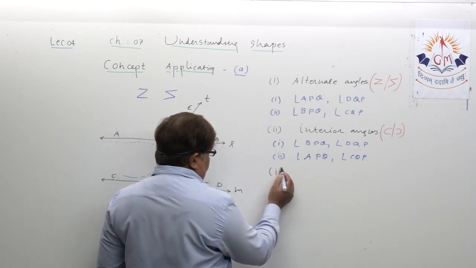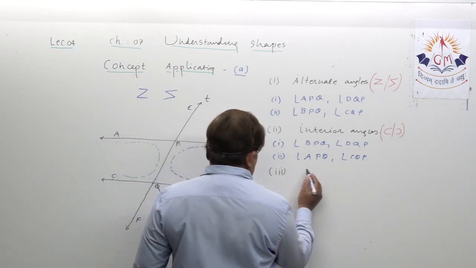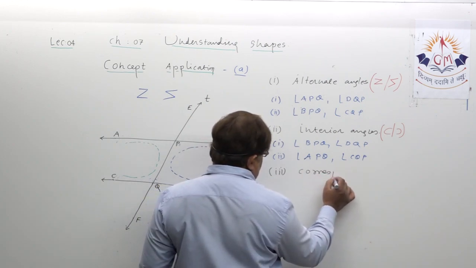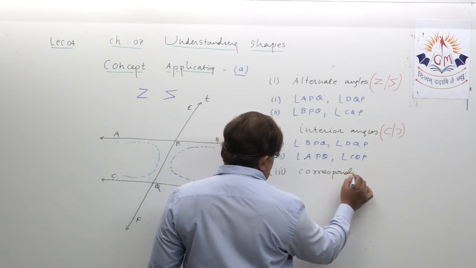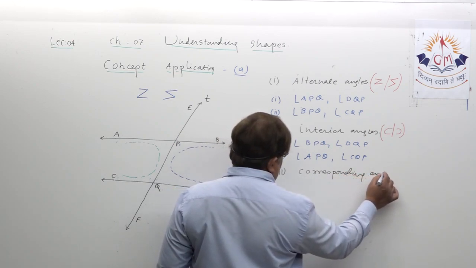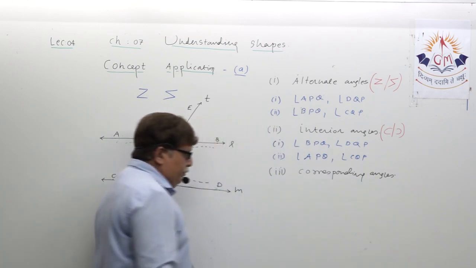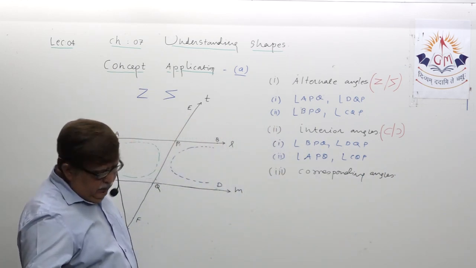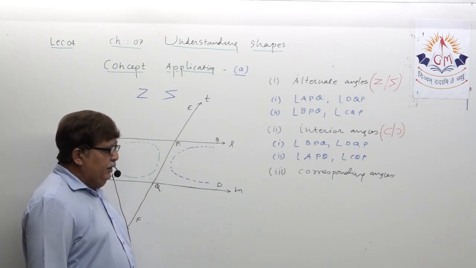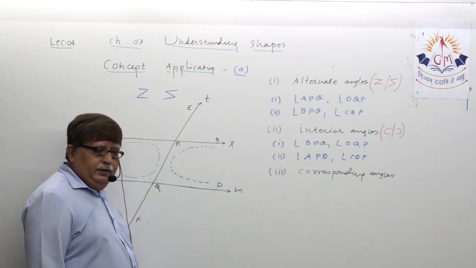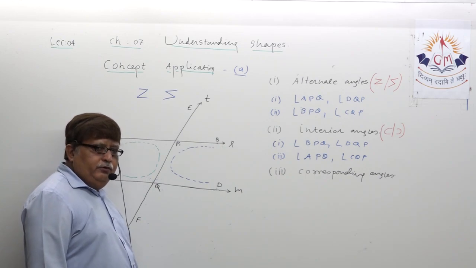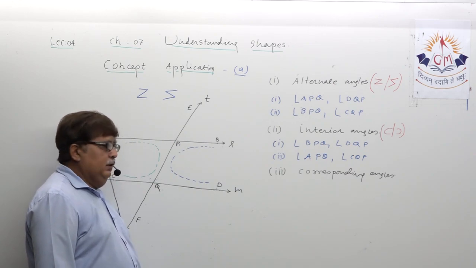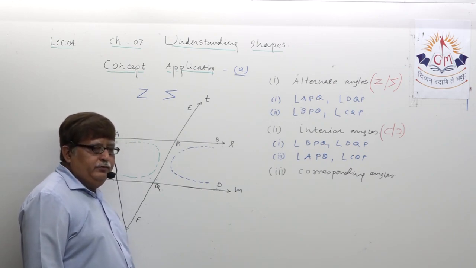Okay. Now, dear student, the third type is called corresponding angles. Whenever you have to find corresponding angles from such a diagram formation, what do you have to think first?